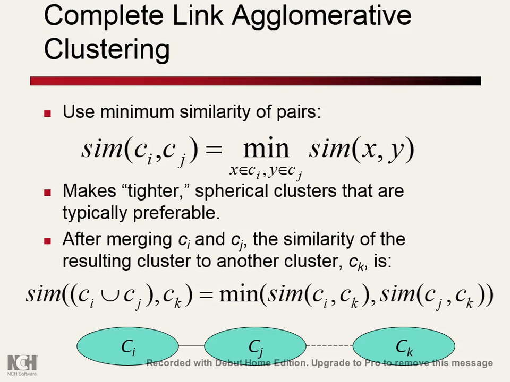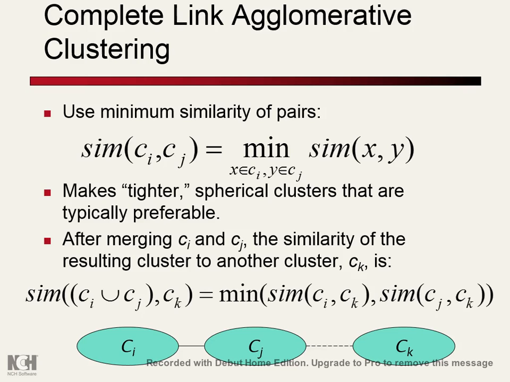The next is complete link. Complete link uses the minimum similarity. Here I use the case again. For complete link, I will choose the largest distance as the cluster distance.